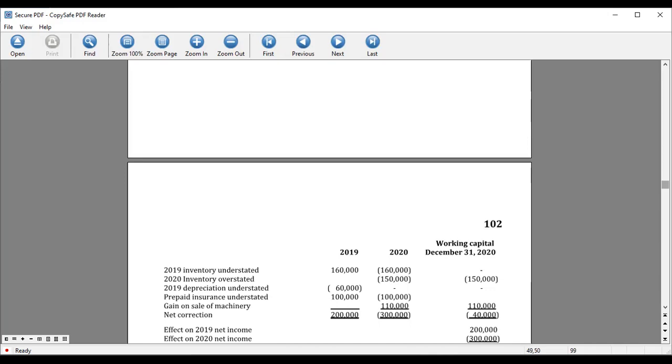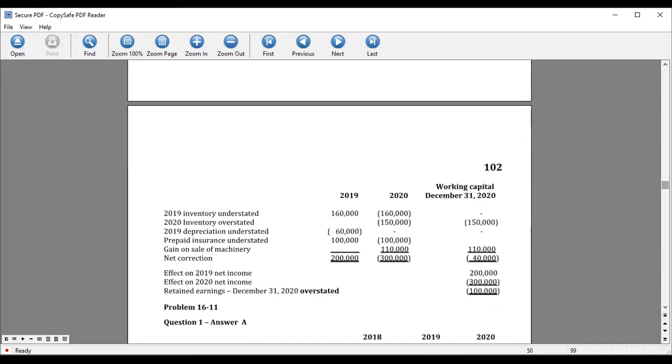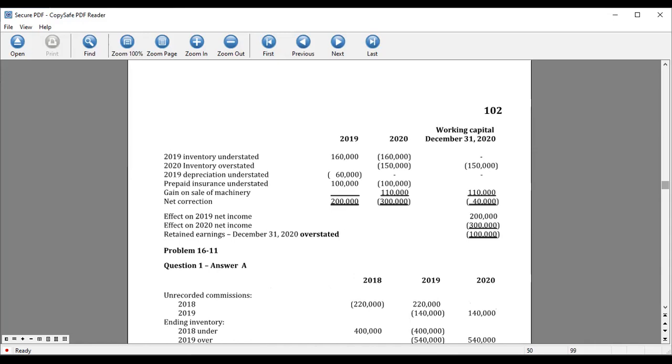And finally, we have gain on sale of machinery. A fully depreciated machinery was sold for 110,000, but the cash was not recorded until 2021. So we have now the machinery account, which actually was sold for 110,000.